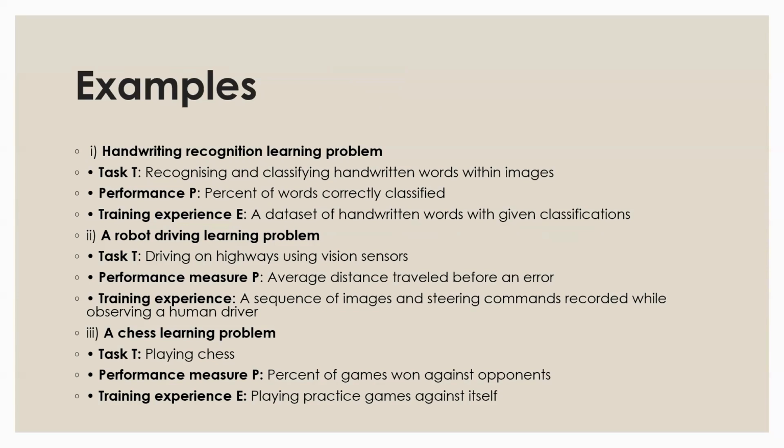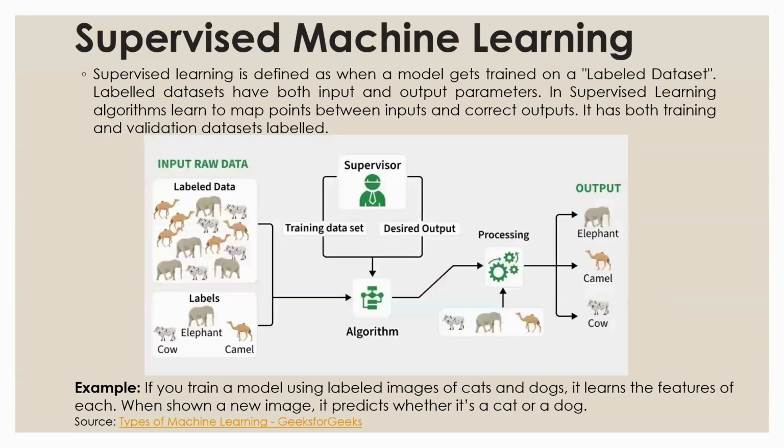Before I explain it further, I would like to introduce this kind of graphic. If we see input raw data, say we want to train a model using labeled images of cats and dogs, we will come to our handwriting example once again, but let's just build some theory around it.